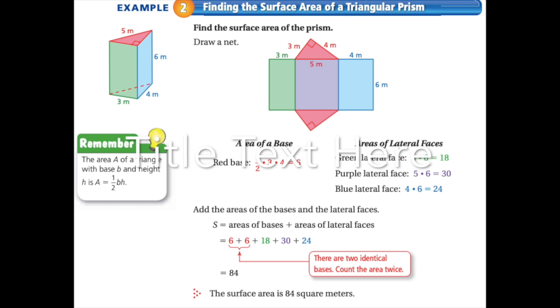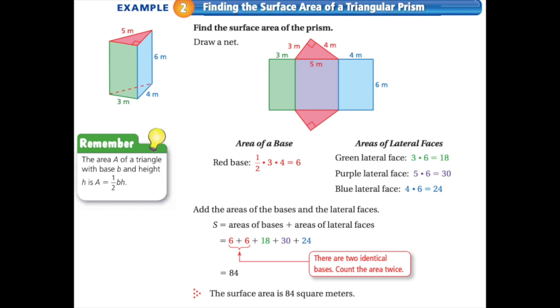Looking at example 2 on page 357, you can see that now we're looking at finding the surface area of a triangular prism. The way that this triangular prism is situated, it looks like the bases are the top and the bottom, right? Based on what we were discussing last time, which are the triangles.